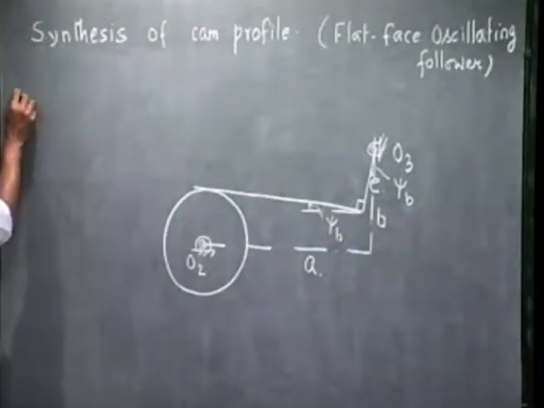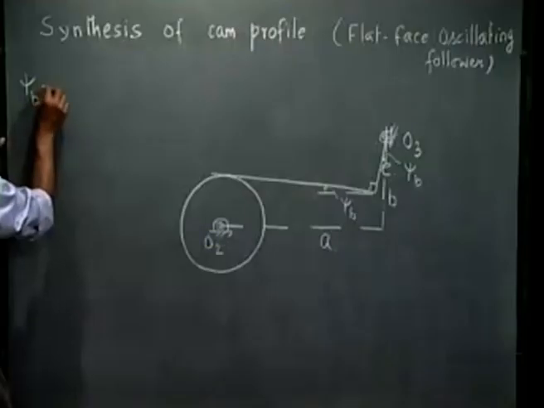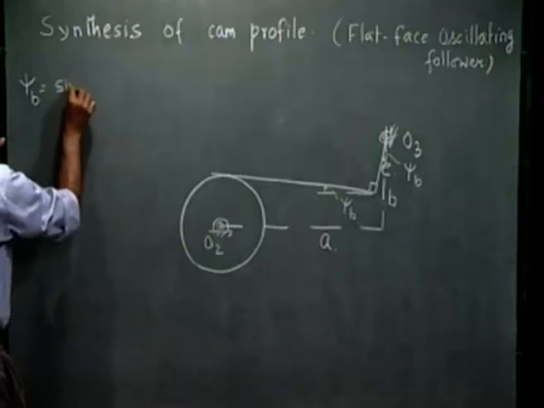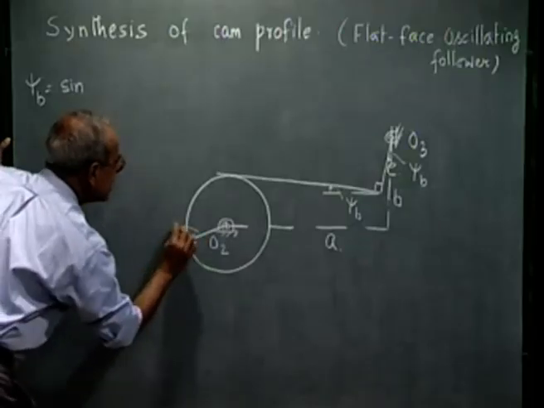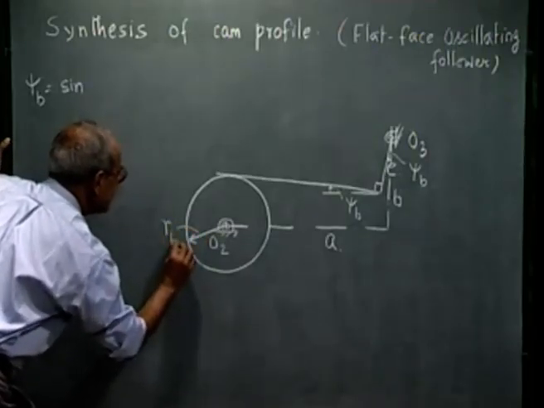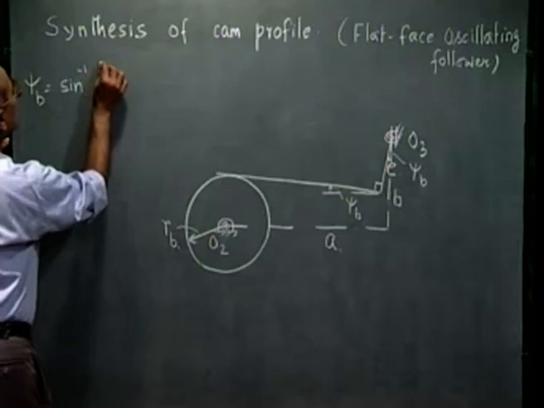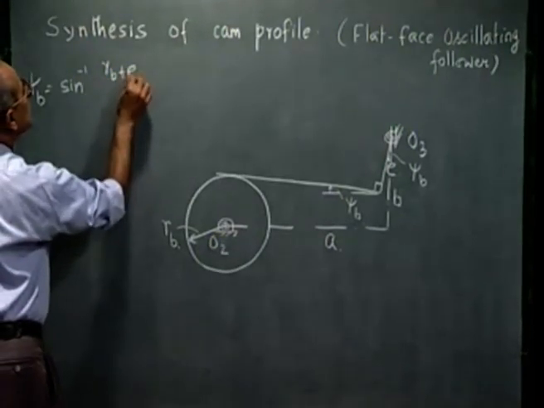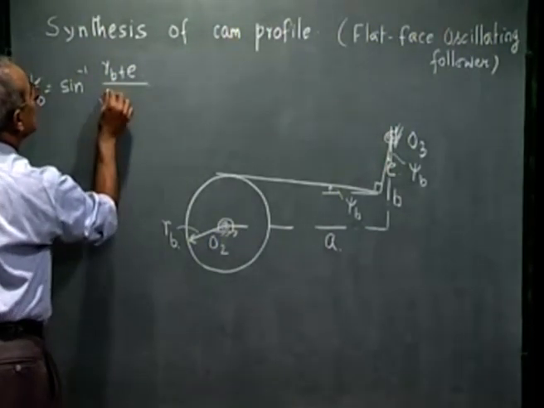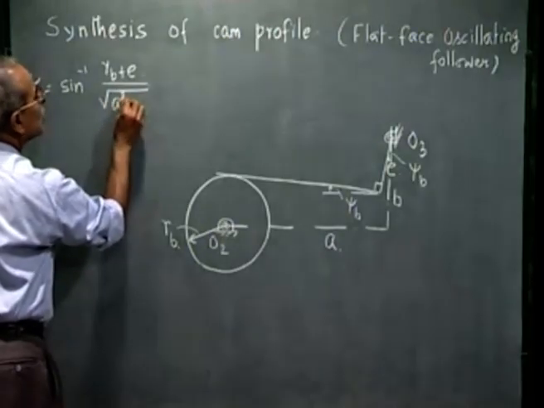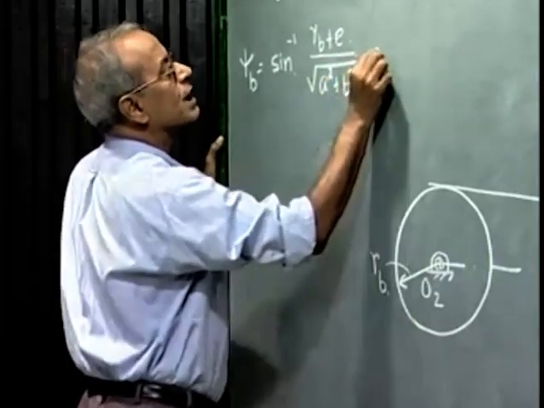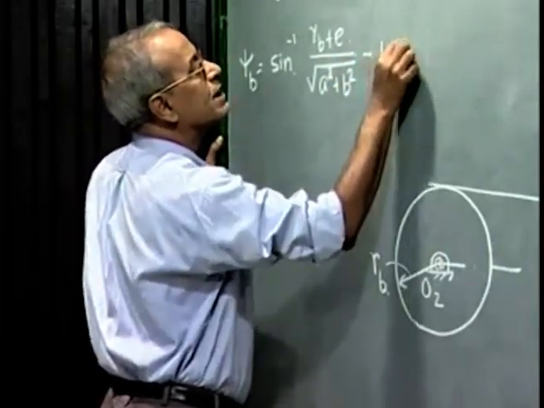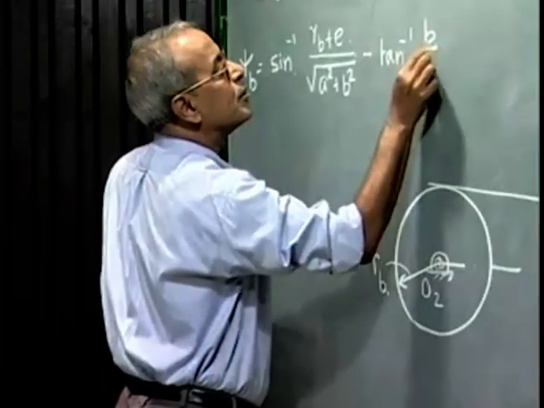In our last lecture, we got an expression for this psi B, which was sin inverse of (base circle radius RB plus E) divided by the distance O2O3, which is nothing but square root of A square plus B square, minus tan inverse B by A.